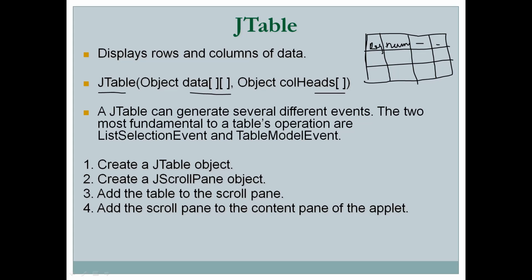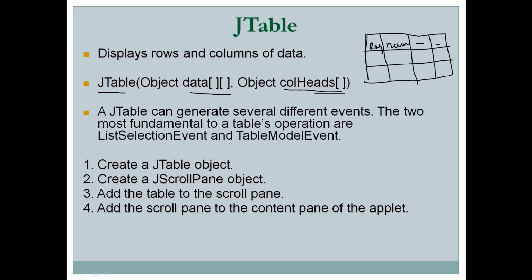These are headings, and we need to pass these headings as the second argument, column headings, to create a JTable. And this is an array because we have multiple headings, so an array has to be created and we have to send the headings.